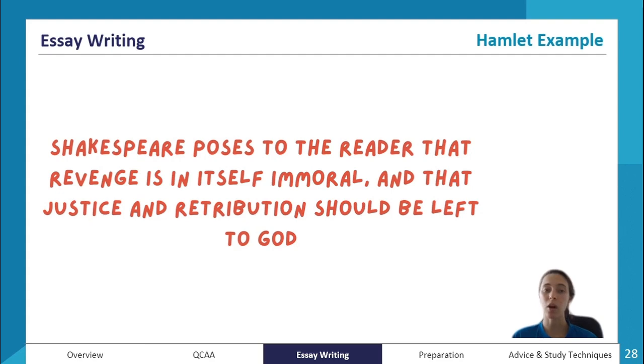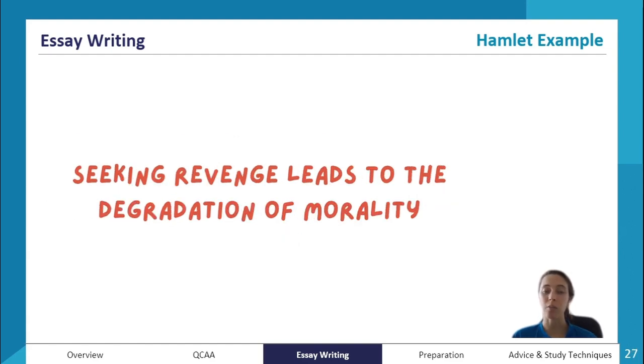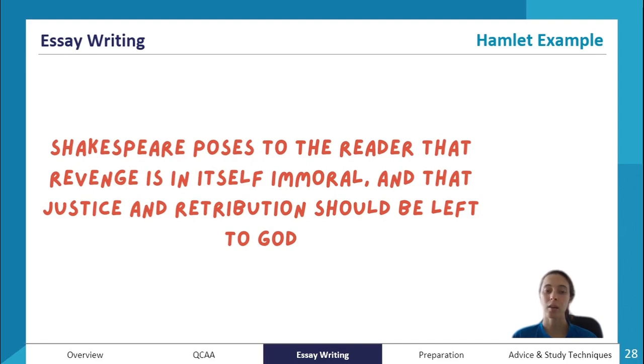So here we've got that Shakespeare poses to the reader that revenge is in itself immoral and that justice and retribution should be left to God. So we've got here something that is refining that idea we had before. We had this before to begin with, and this is us broadening that, putting it into that full format and fleshing it out more.